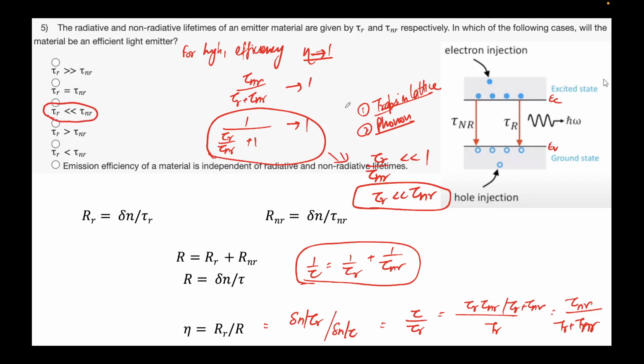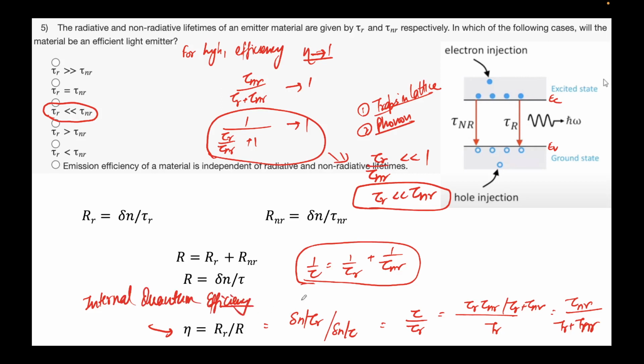So in this problem, we just identified the two routes through which the recombination can happen and how their lifetimes are related. And this thing I was talking about, this fellow, is also known as internal quantum efficiency.